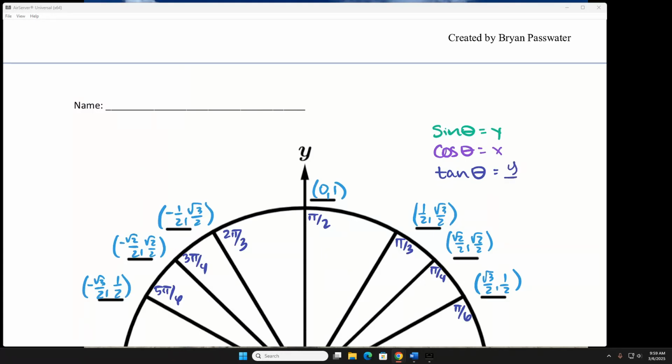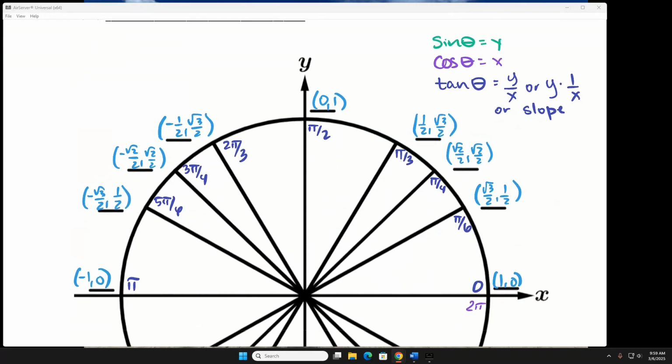It's y divided by x, or it could possibly be y times the reciprocal of x. Most of these points on the unit circle are fractions, so I would probably do y times the reciprocal of x most of the time. Or if you wanted to, you could use the slope. So at the quadrants, that might be the easiest way to do it, is just look at the slope.